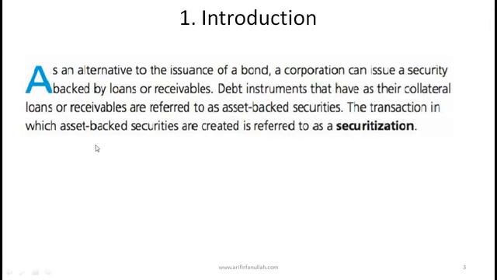The transaction in which asset-backed securities are created is referred to as securitization. So effectively, all we are saying is that just like a company issues bonds to get money, this whole process of securitization is effectively a way of funding, or a way of getting money.